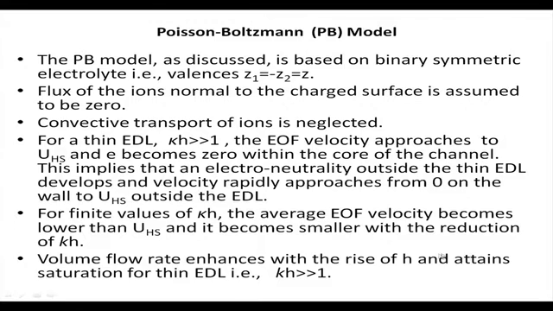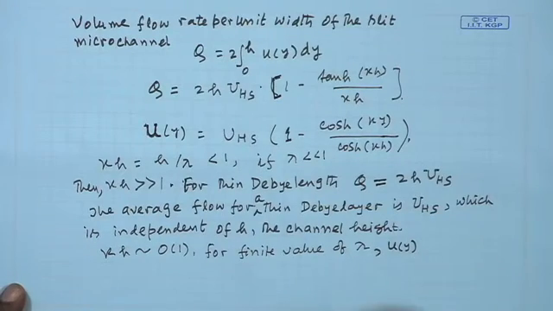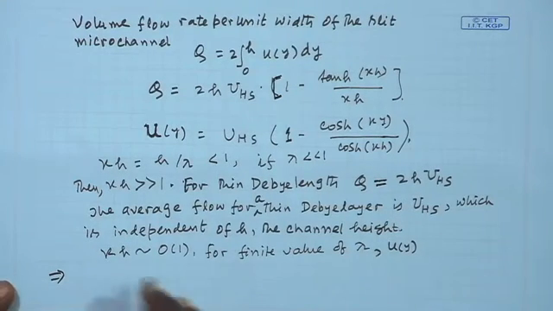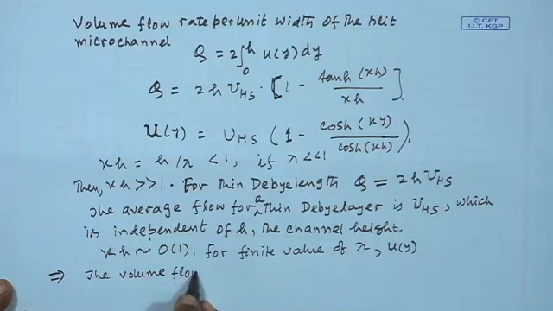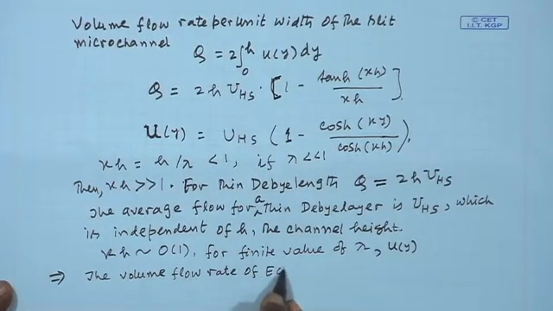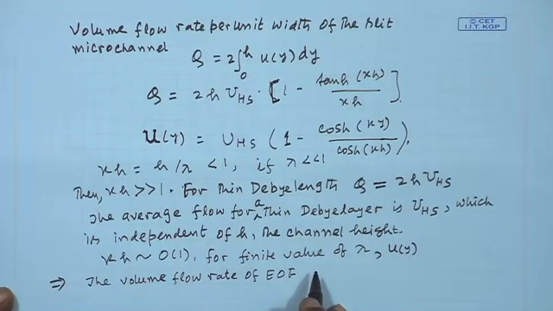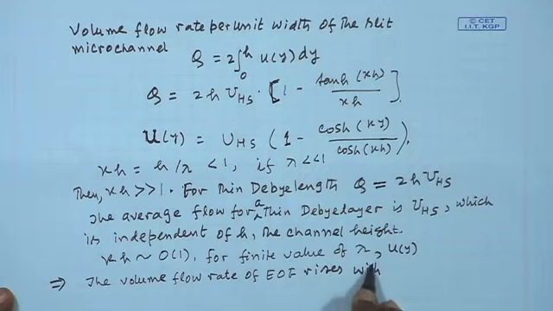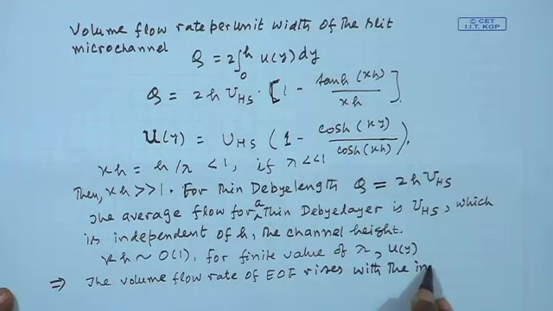Here this should be a kappa, so I will better write over here. This is an important observation, that is the volume flow rate of EOF rises with the increase of kappa h.